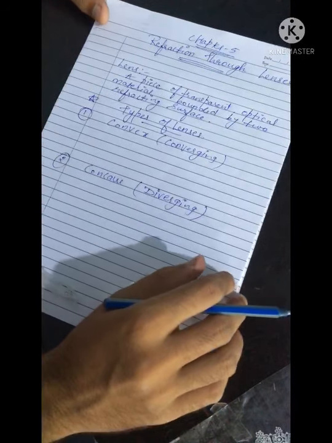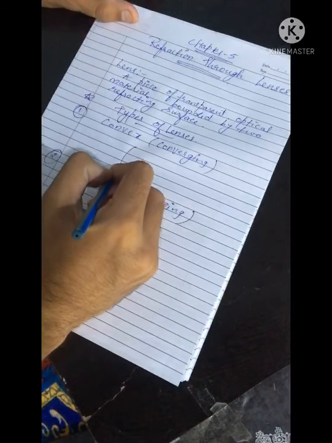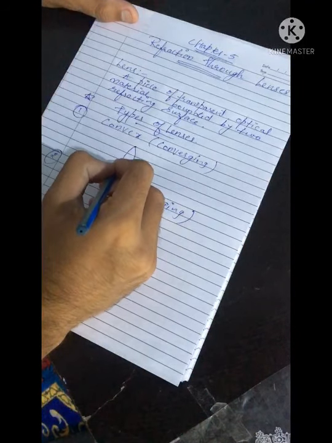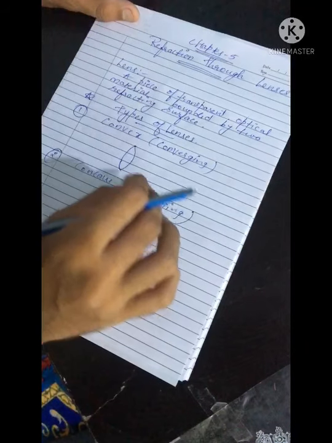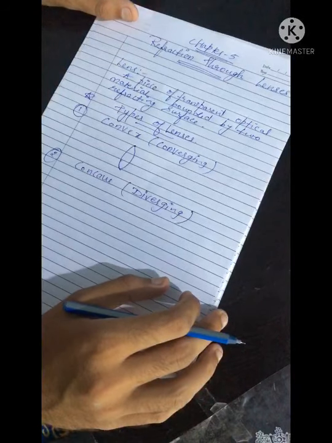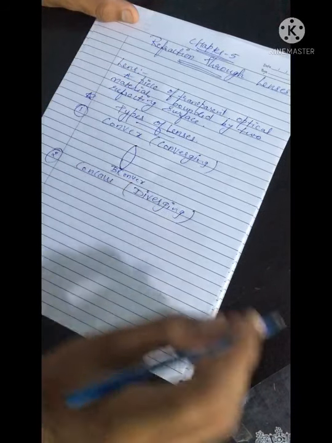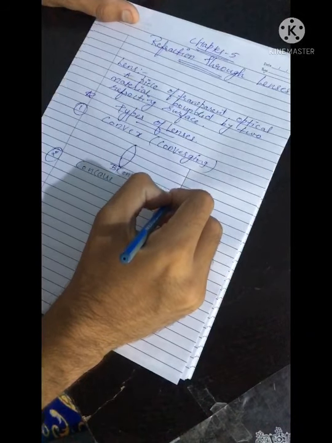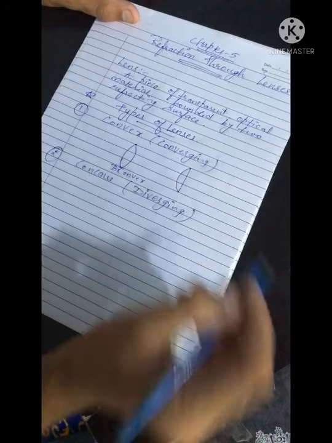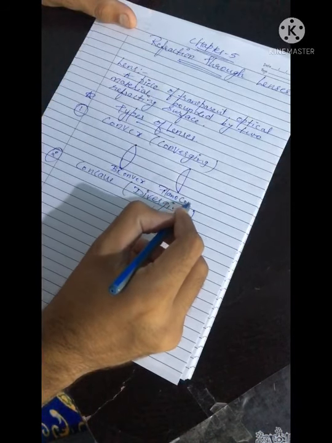Now what is a converging lens? The structure of a converging lens is like this. This is the convex lens. Both the surfaces are bulging outward. This is a convex lens, or simply biconvex. If one of the surfaces is flat and the other is curved, then we call it plano-convex.